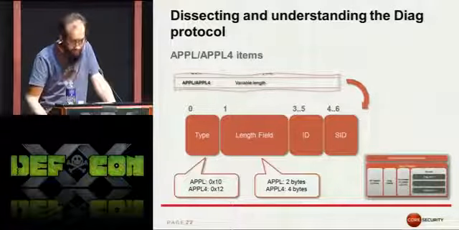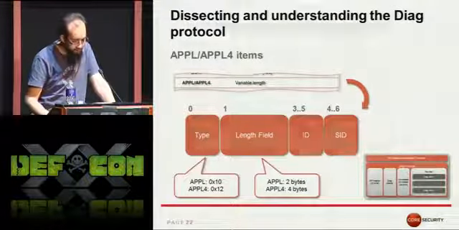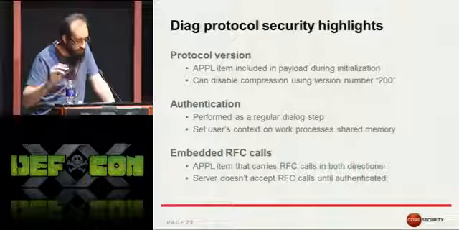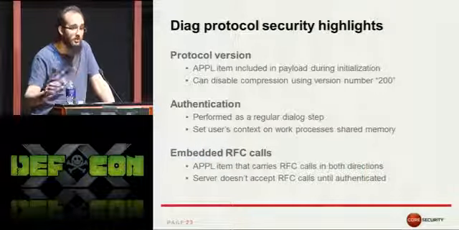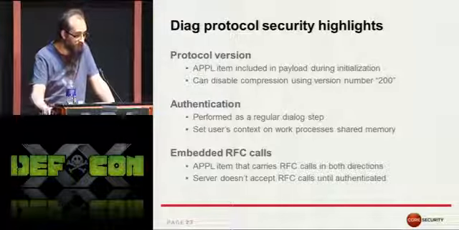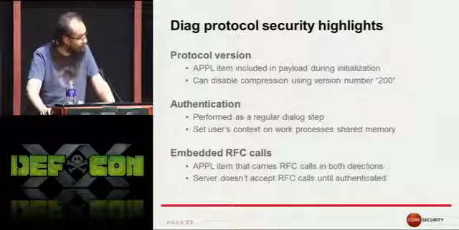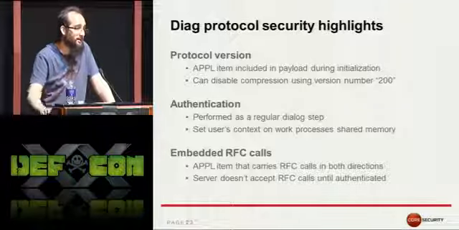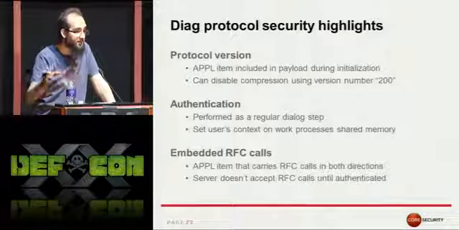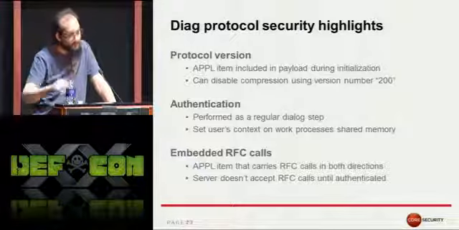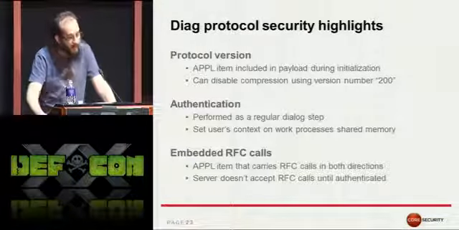So there are some highlights, some things that I found interesting during my research. The first one is that one of the APPL items that must be included during the initialization is the protocol version.